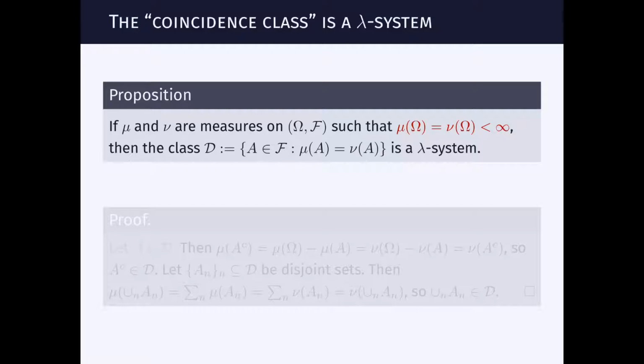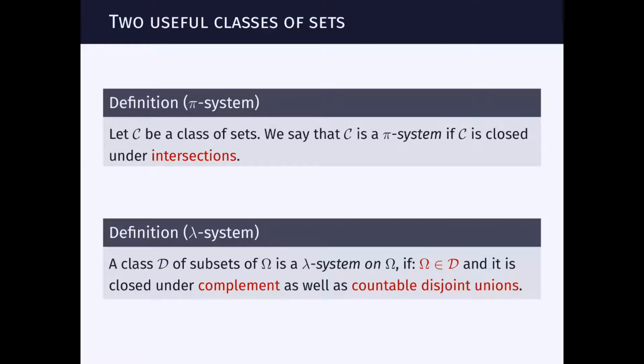Recall what our motivation was. We were trying to study the class of sets for which the measures mu and nu are the same, and we stated that it is a lambda system. We had discussed that lambda systems have some structure, but they are not yet the same level of structure as being a sigma algebra.